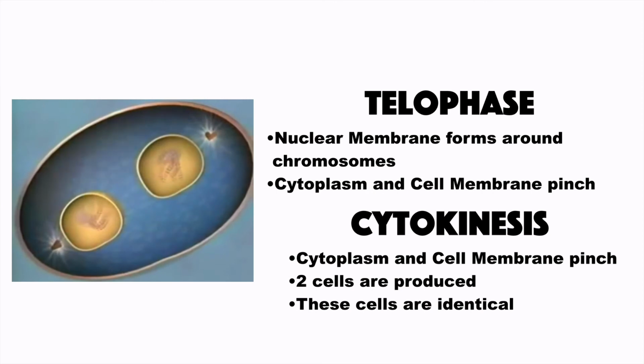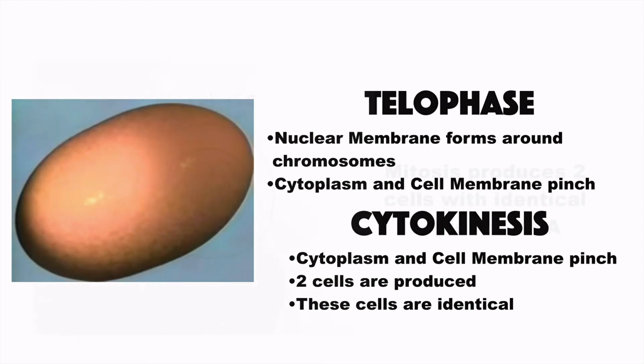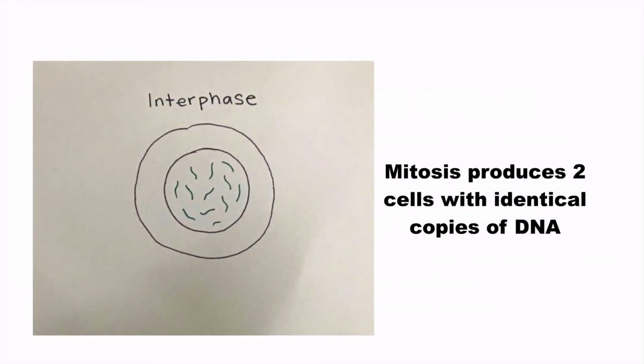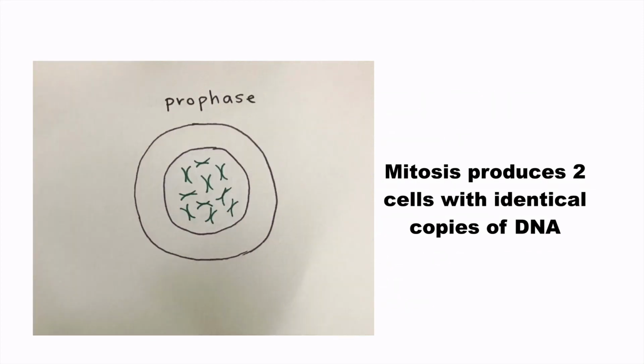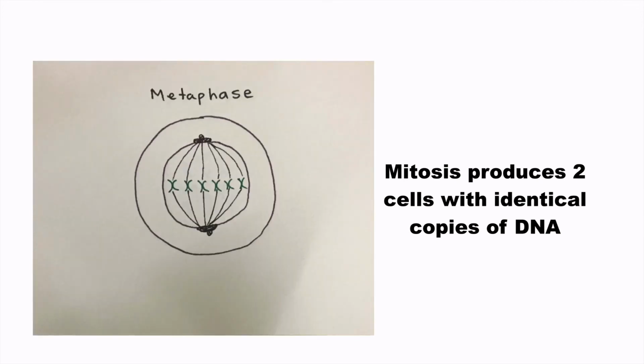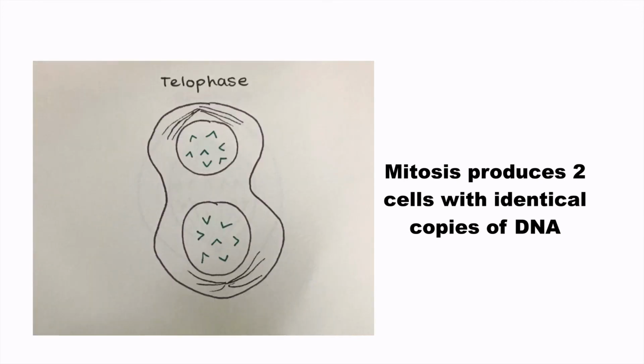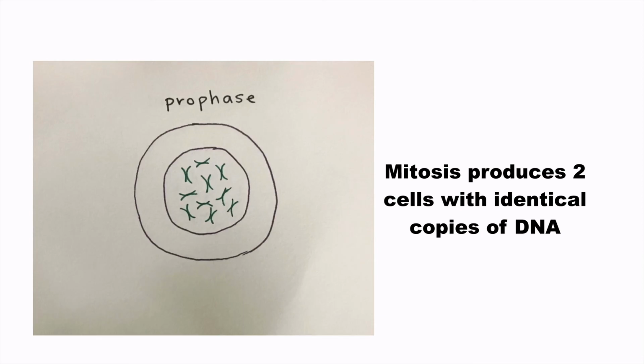So looking at the whole process, we took a cell that had unwound DNA, the DNA condensed, lined up in the middle, got pulled apart, and two new cells were produced.